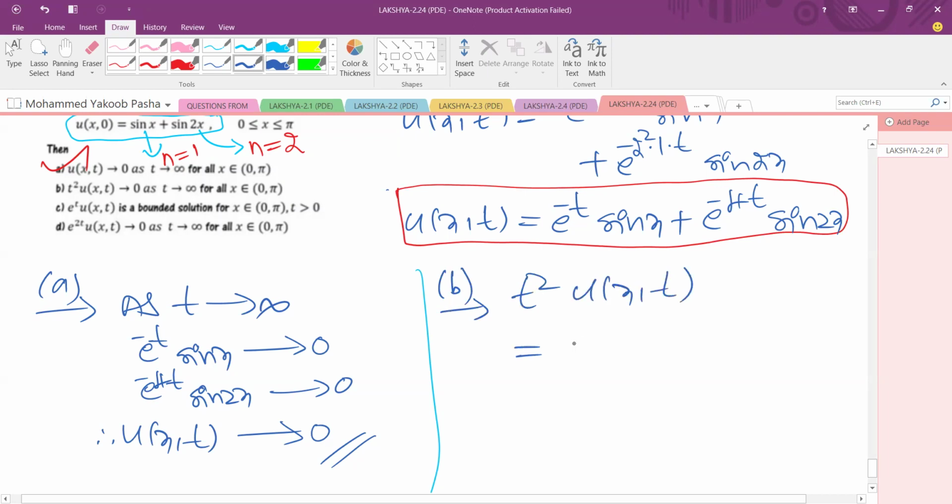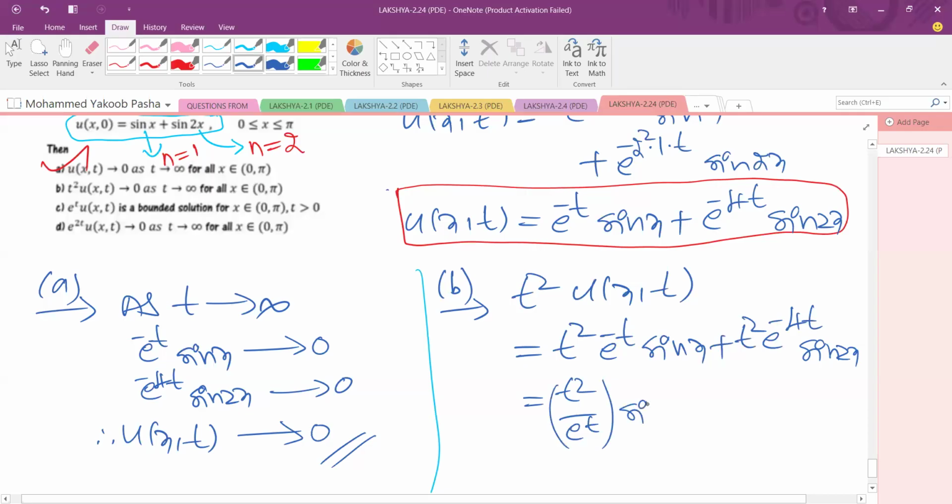So t square into u of x comma t is equal to t square into e power minus t sin x plus t square into e power minus 4t sin 2x. It is in the form of t square by e power t into sin x plus t square by e power 4t into sin 2x, writing e power 4t in the denominator.